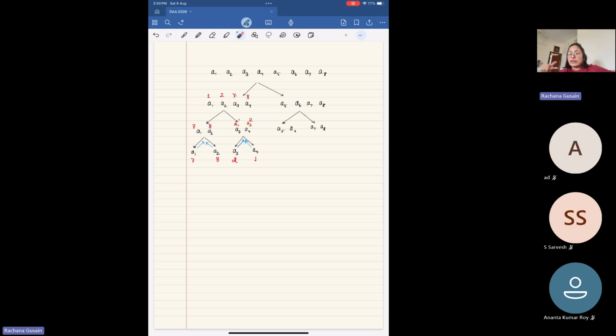Okay, you essentially find the pivot element, let's say the first element or the last element, whichever element is the pivot element. You want to find the correct position of that element in the entire array. So there you are doing more work. Right? And once you have found the position of that element, you are not going to touch that element.